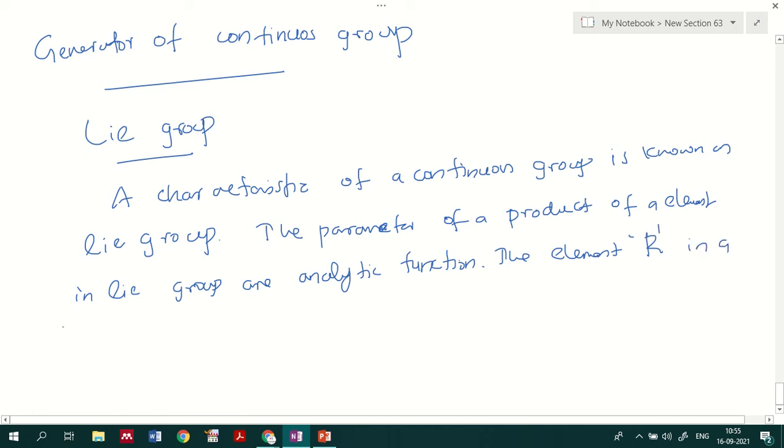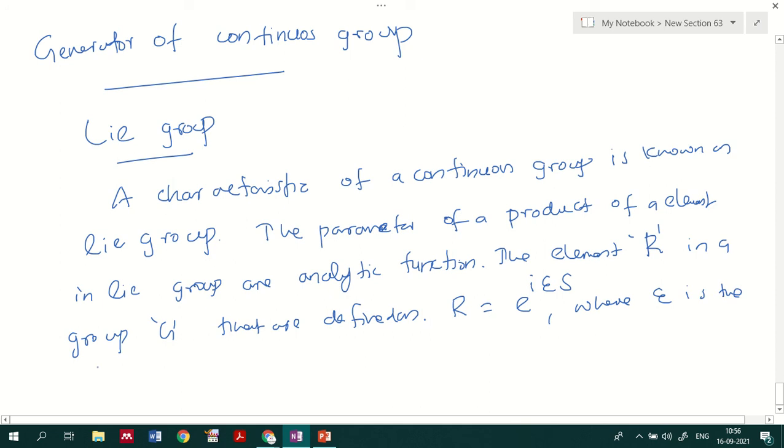An element R in a group G is defined by R equal to e raised to I epsilon s, where epsilon is the angle of rotation and s is the generator of the group.